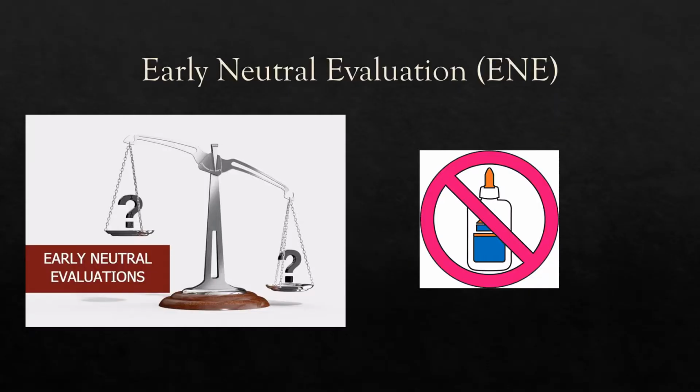The first ADR that we read about this week was the Early Neutral Evaluation, or the ENE. The basic structure of an ENE is that the person leading the evaluation is a neutral third party, and both sides and the third party listen to the facts and the arguments.